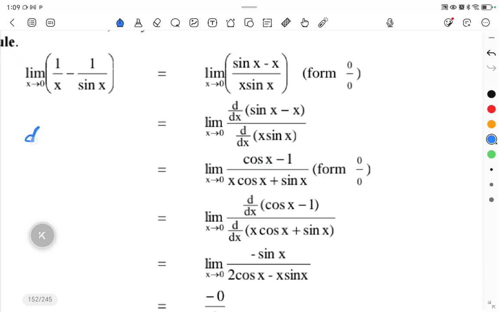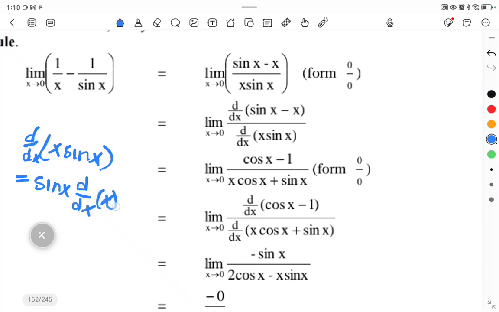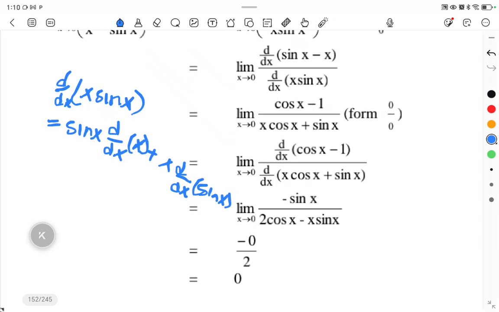If I derive x sine x, I can start by keeping one thing and deriving the other, plus now I keep x and derive sine x. You see, right? This will be sine x plus x cos x, which is this. So that is the product rule.